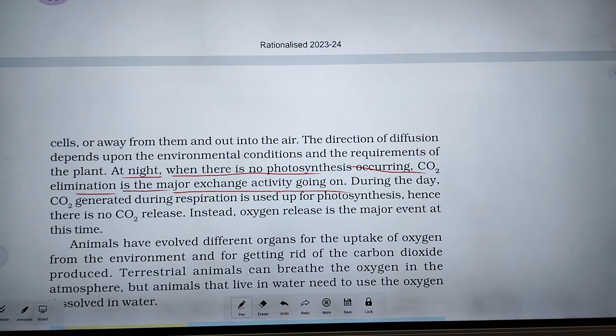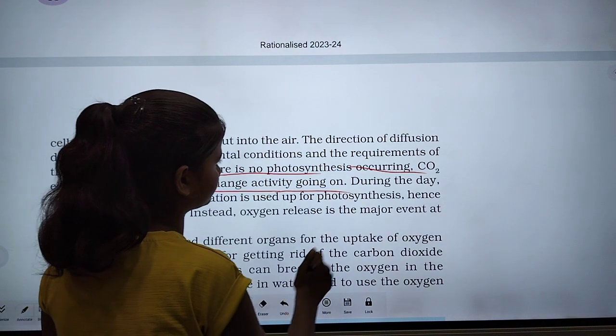So at night, CO2 elimination is the major exchange activity going on in plants.